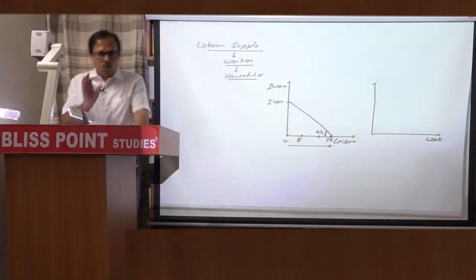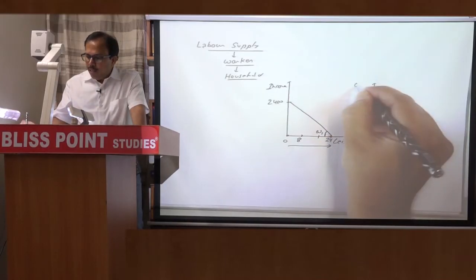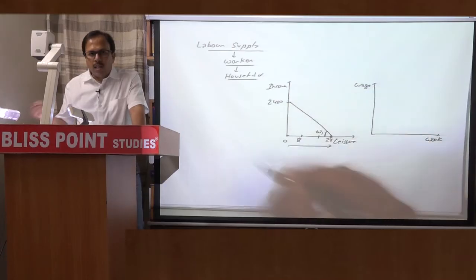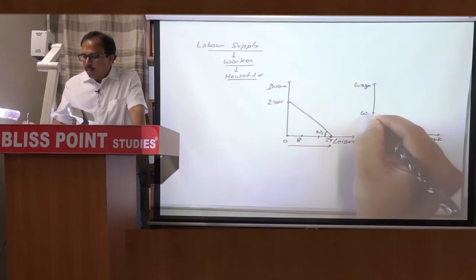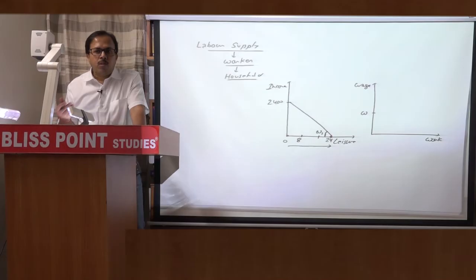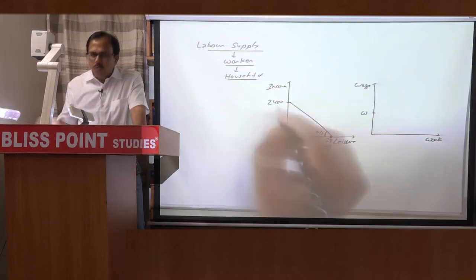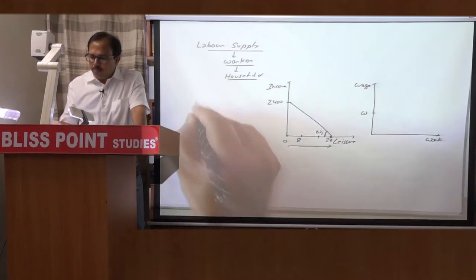So we have assumed a certain wage. If I write wage here, again you can interpret it in terms of real wage. If you are writing a real wage, then based upon that real wage, how much work is done depends upon utility. The worker derives utility from leisure as well as utility from income, so you are using indifference curve analysis.